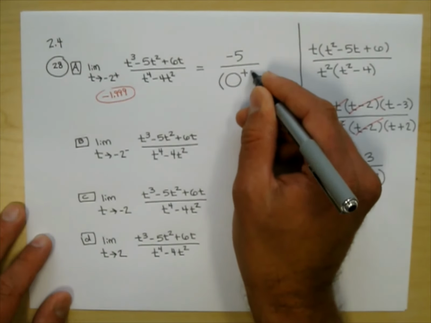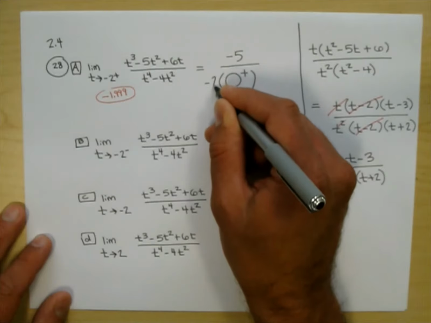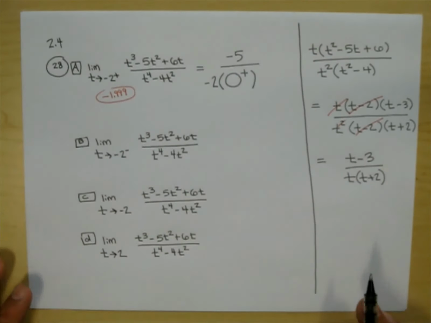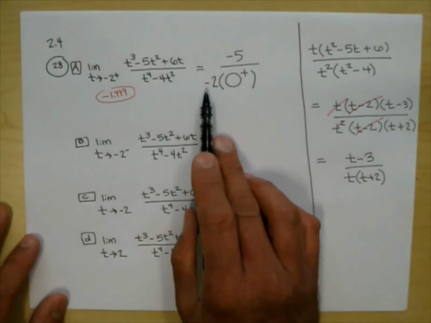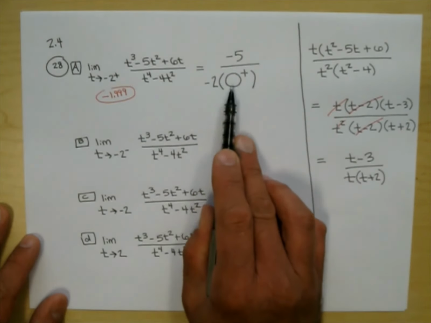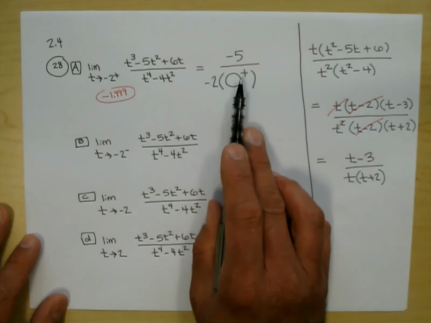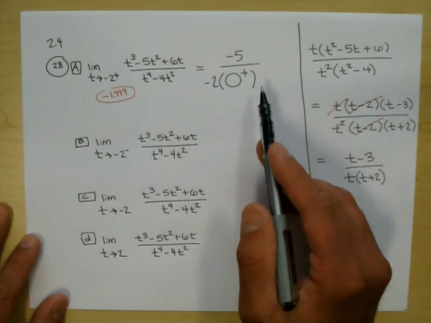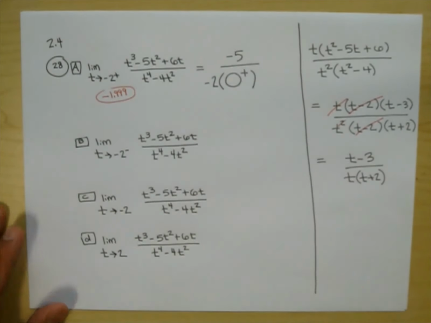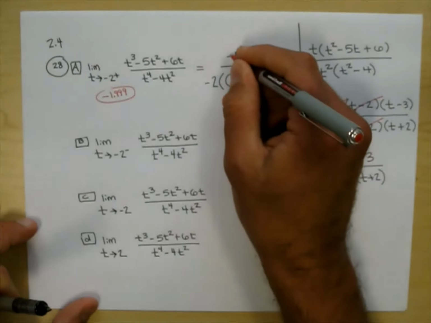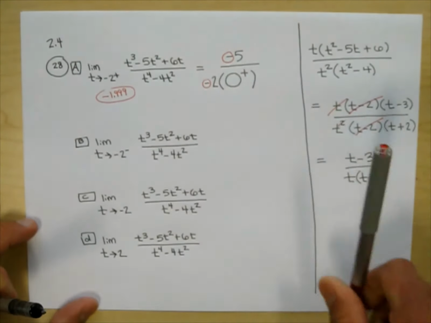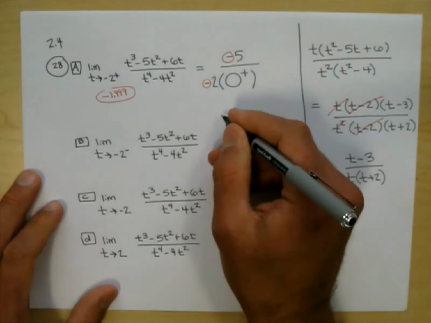So let's just talk about that. This is a negative 2 right here. I shouldn't have been so easy to dismiss that, because that's going to make a big difference. A negative 2 times that is going to be a very small negative number, small in magnitude. You've got a negative here and a negative here, and those negatives are going to go away.